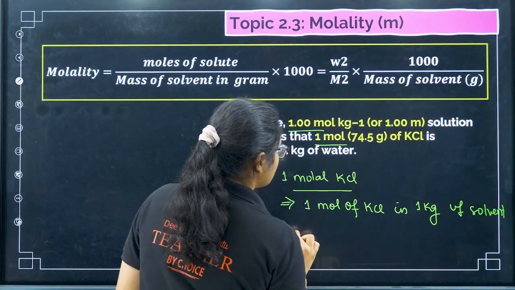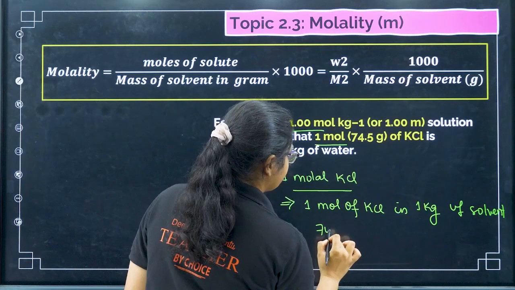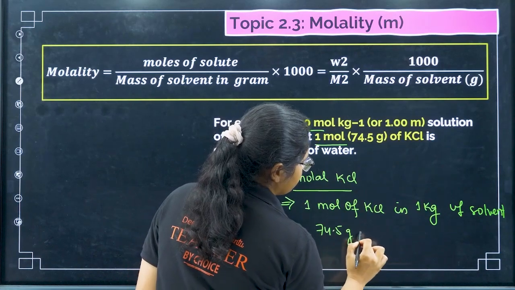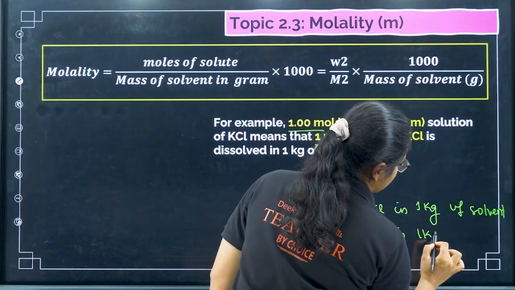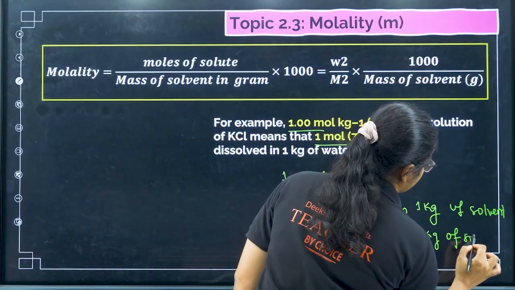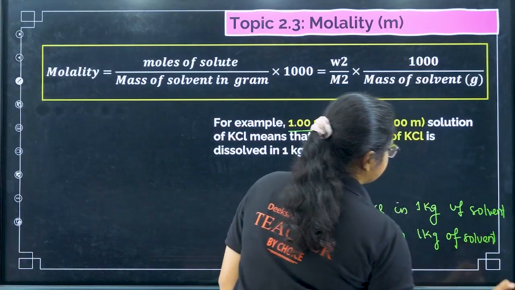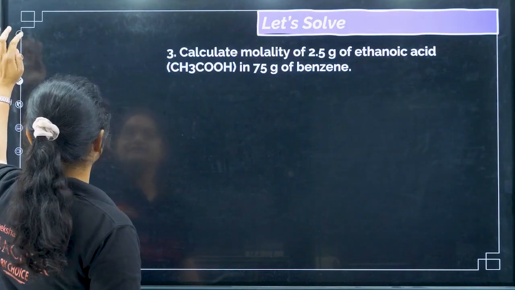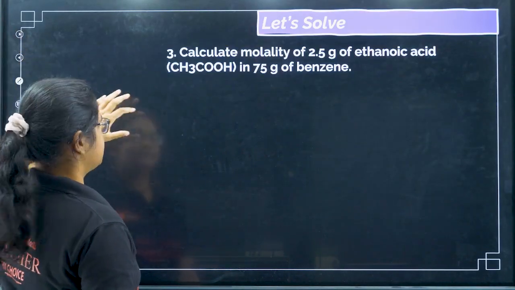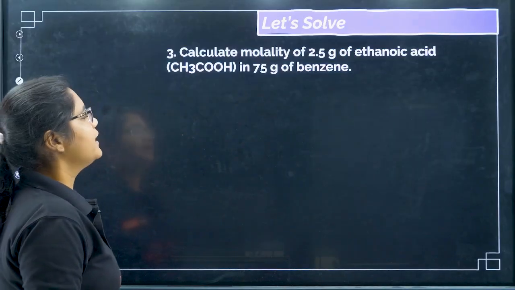Now 1 mole of KCl mass is 74.5 gram. I can say 74.5 gram of KCl in 1 kg of solvent. Clear? Fine.